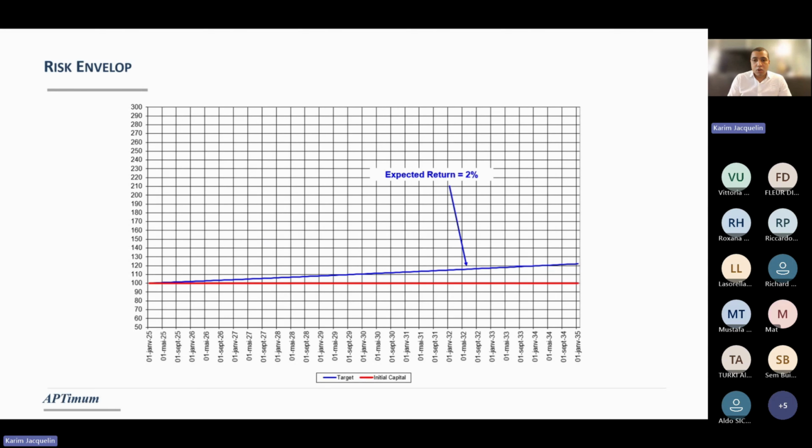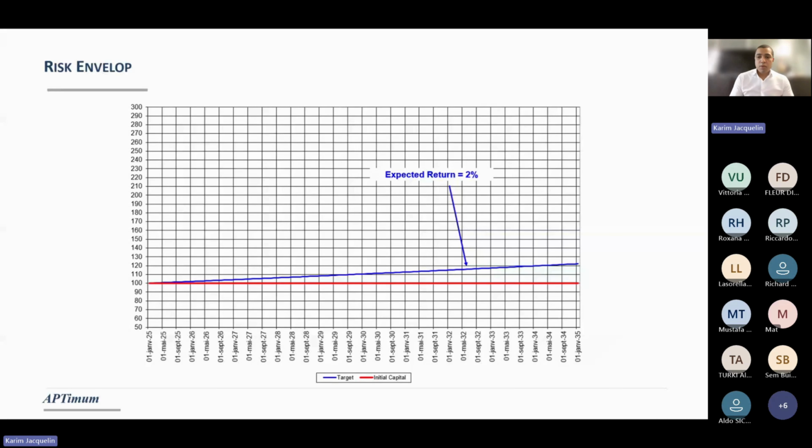And let's consider that the risk-free rate at this time is 2%. So it means that at the end of the period, which is here 10 years, the portfolio value will be more than 120, so more than 20% performance over the period. This is what you get if you invest in the risk-free assets.